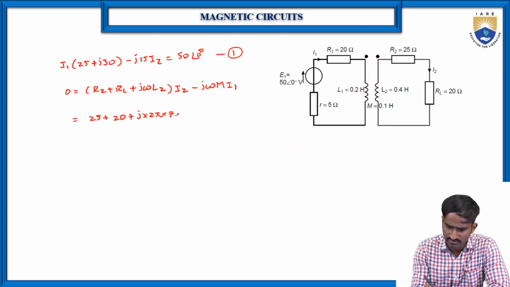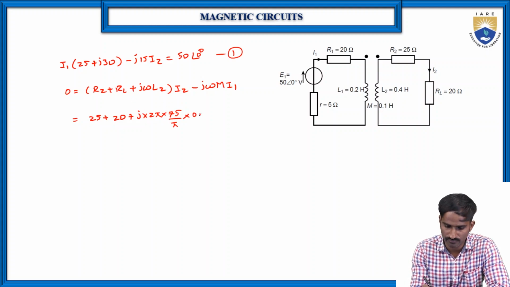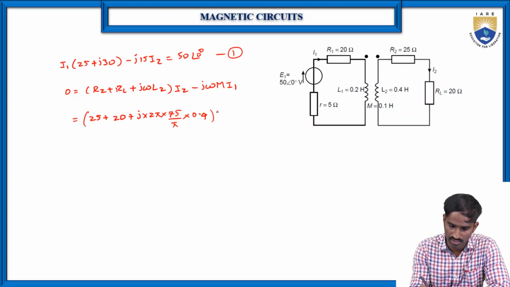Then here also it is 75 by π into L2 value, here it is 0.4, into I2 minus, again the same way, j into 2 into π into 75 by π into M, which is equal to 0.1, into again I1.